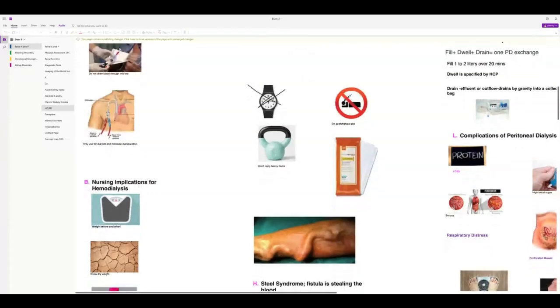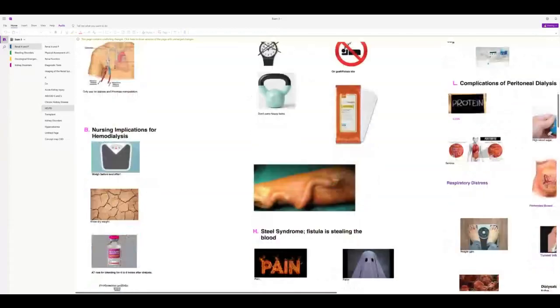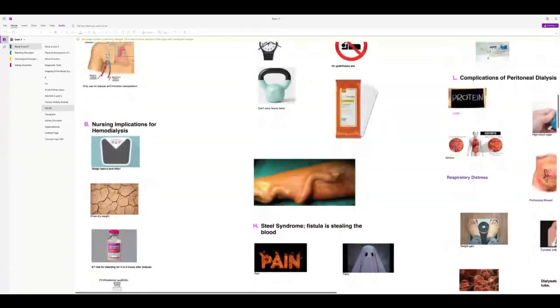So before the patient has hemodialysis, okay, and when I'm talking about hemodialysis here, I'm talking about intermittent dialysis. So a patient goes 3 times a week for 4 hours or 3 hours, whatever their schedule is, okay? So you weigh before and after. Make sure you know the dry weight so that you can compare the after weight. They're at risk for bleeding for 4 to 6 hours after dialysis.